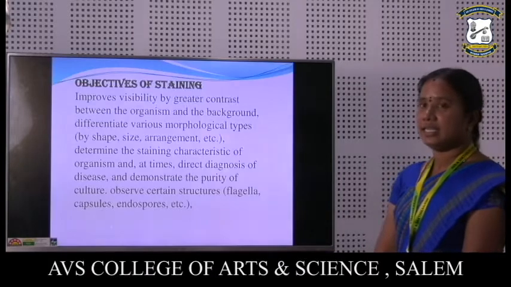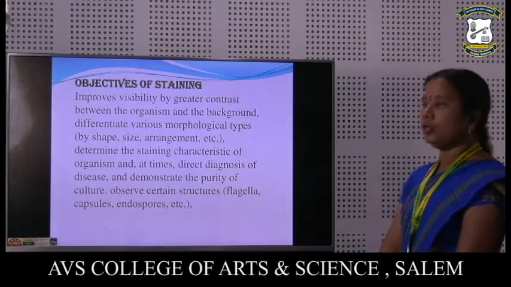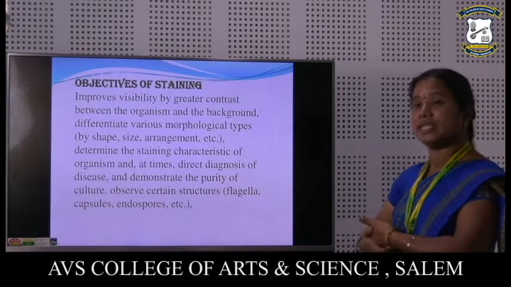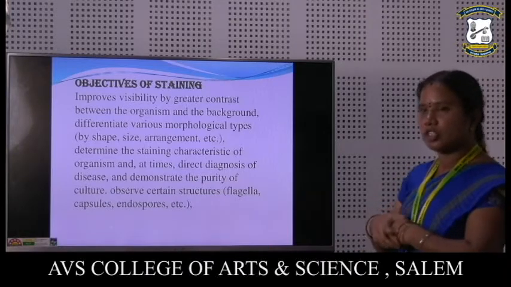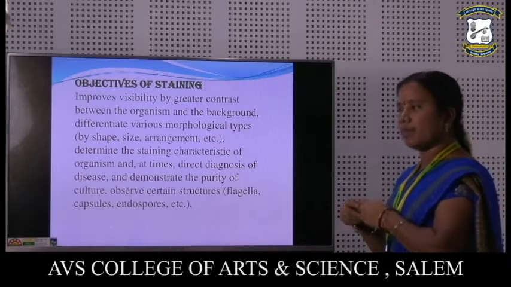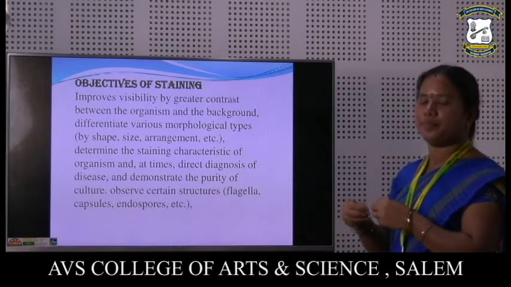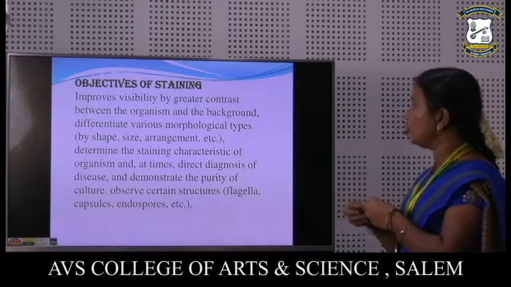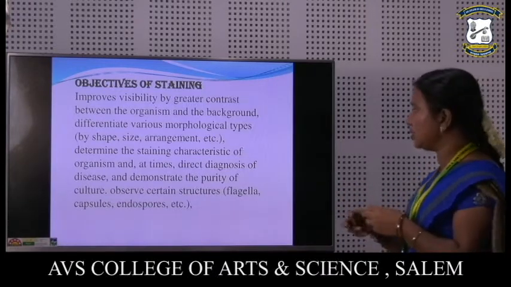It is a technique which is used to improve the visibility of an organism, or to study the structural morphology of an organism. In this technique we can also determine the organism's pathogenicity, and it is used to determine the purity of cultures.